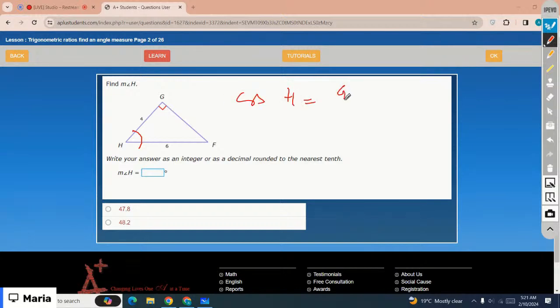Because cos of angle H is GH divided by FH. So cos of angle H, GH is 4, FH is 6. So that is 4 over 6.